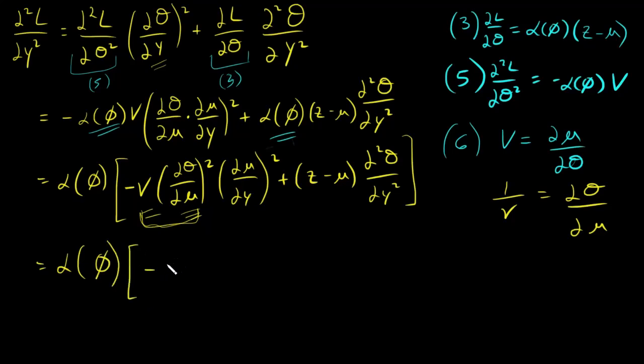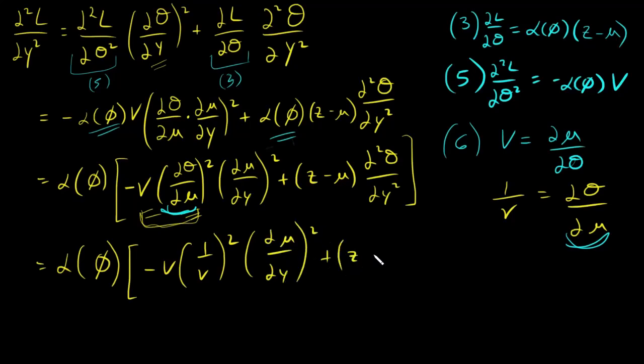I have negative v, and then 1 over v squared. So you see I've plugged in 1 over v for d theta d mu, then d mu d y squared. And I'm not doing anything else in the back here.